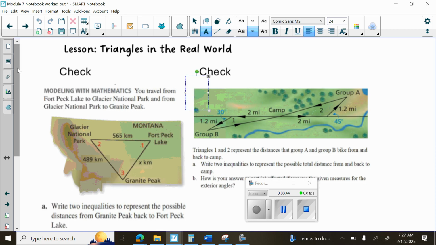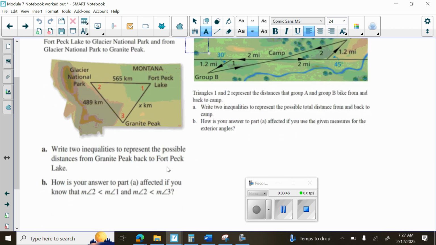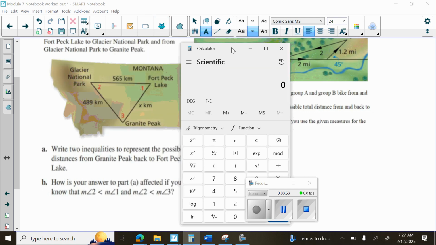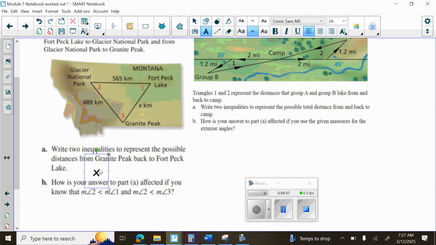Right? So what would we do with those two numbers? So we add them. 565 plus 489, 1054. So what does x have to be? X has to be less than 1054.